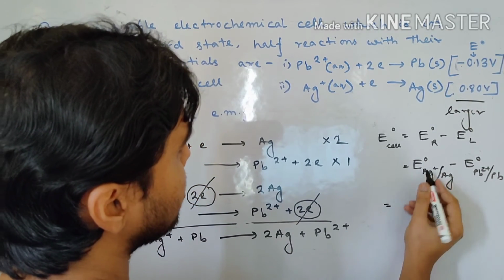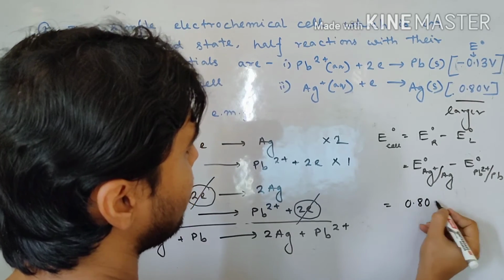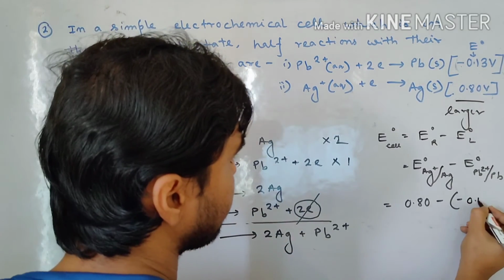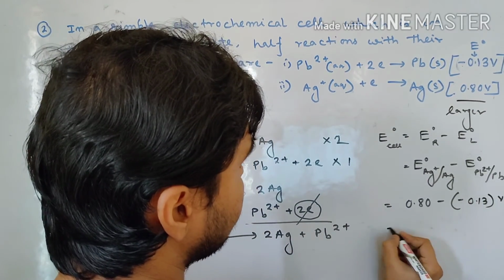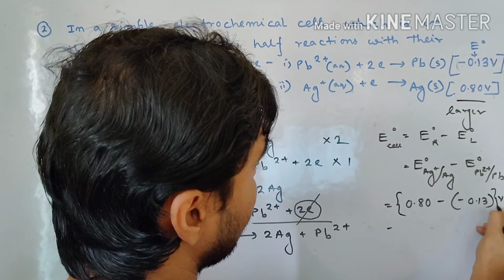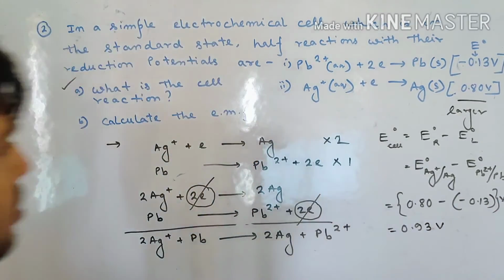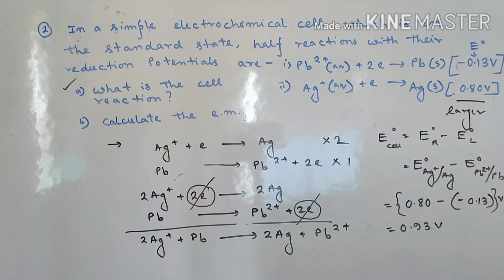So it is 0.80 minus 0.13 volt. So we'll be getting, I think, 0.93 volt. We have got both the answers, EMF of the cell and the cell reaction. So this is our second problem.